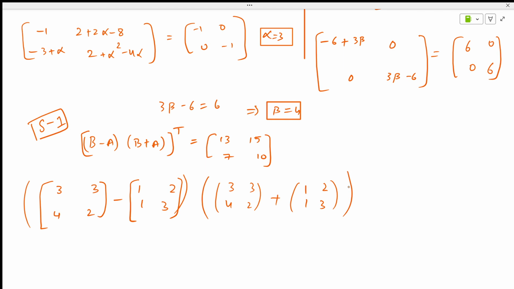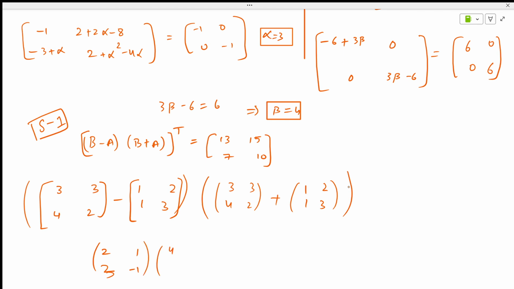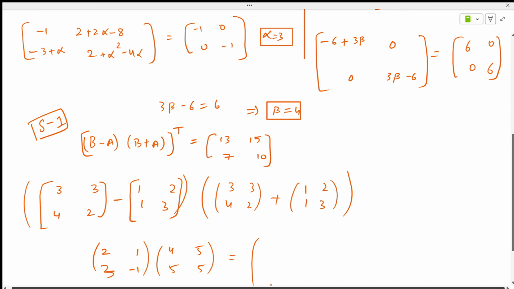So this becomes 2, 1, 2, 3, then minus 1 into 4, 5, 5, 5. That is equal to 8 plus 5, 13, 10 plus 5, 15, 12 minus 5, 7, 15 minus 5, 10.